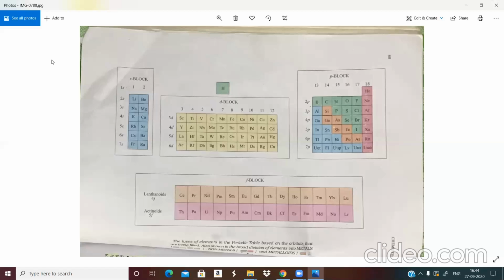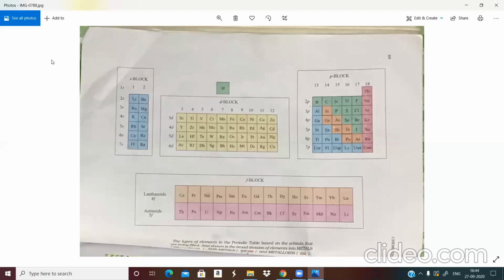Now let us see about the characters of these elements as metals, non-metals and metalloids. In addition to displaying the classification of elements into S, P, D and F block elements, these elements can be divided into metals and non-metals.